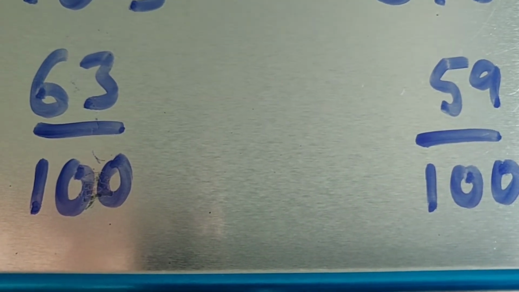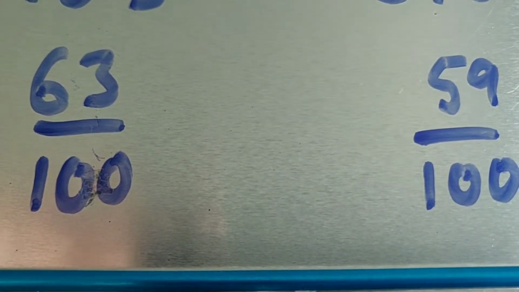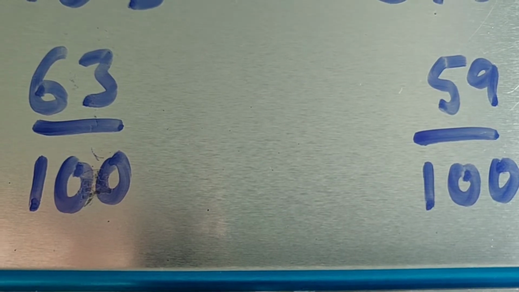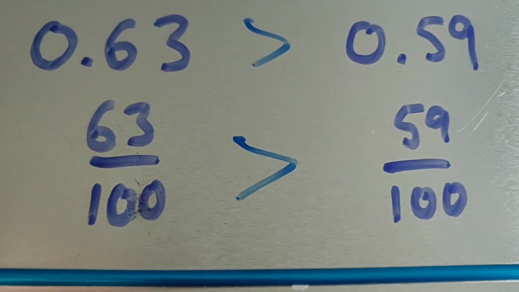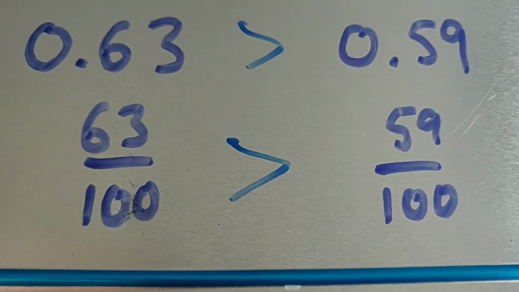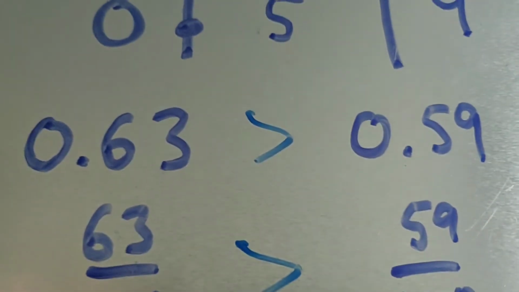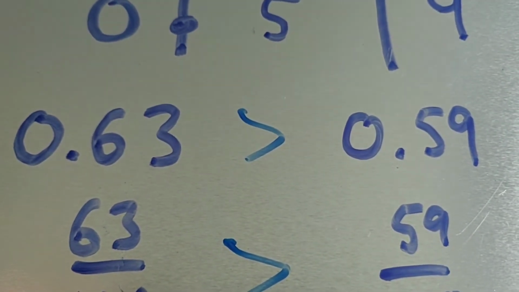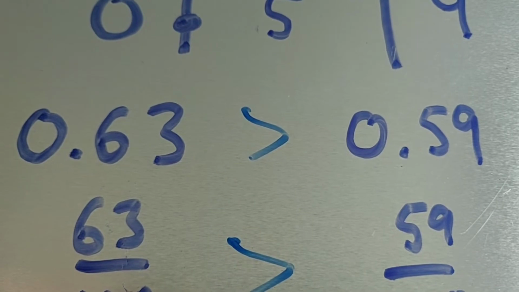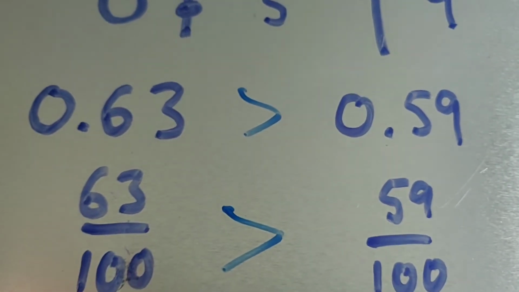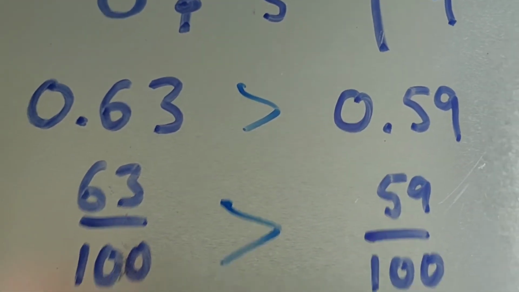So if we have 63 of them, that's greater than 59 of them. And if 63 hundredths is greater than 59 hundredths, then 0.63 is greater than 0.59, because 0.63 is 63 hundredths, and 0.59 is 59 hundredths.